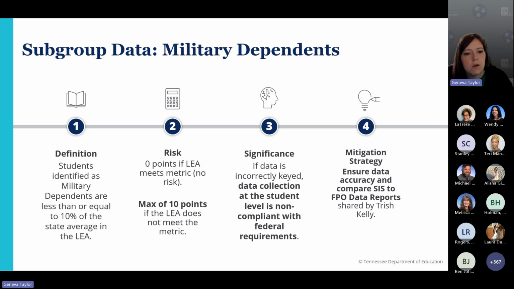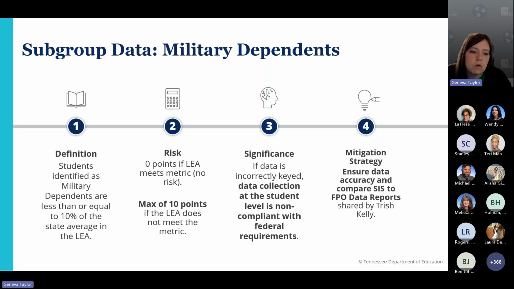Military dependents. Although we do not receive specific funding to assist with military dependents, this is a required reporting category to US Ed, so it's important that we turn our attention to make sure that our data is accurate. Some of us across the state have bases or forts or other areas nearby us, which will increase the number of military dependents naturally in our school districts, while others may be quite far away.